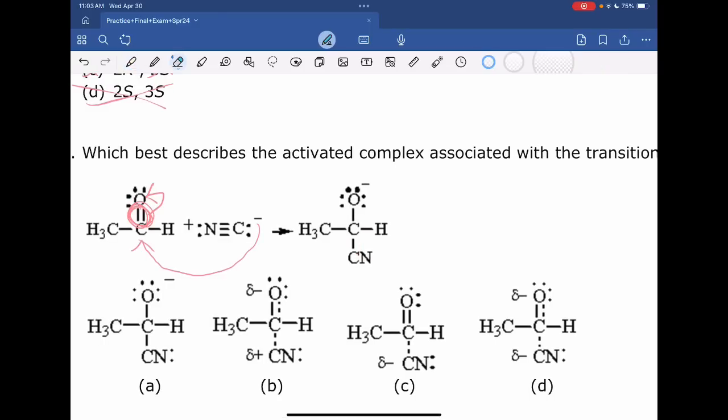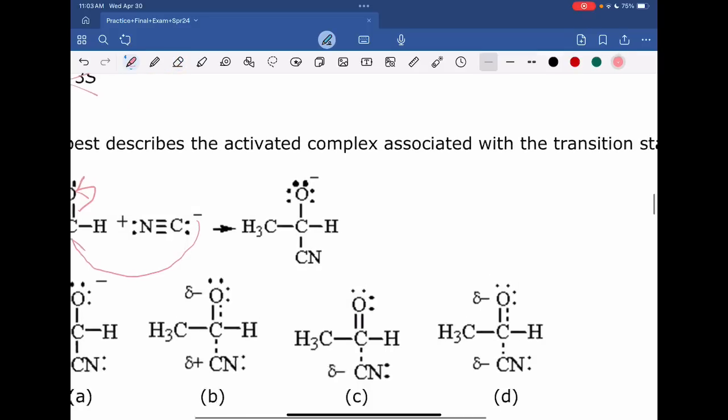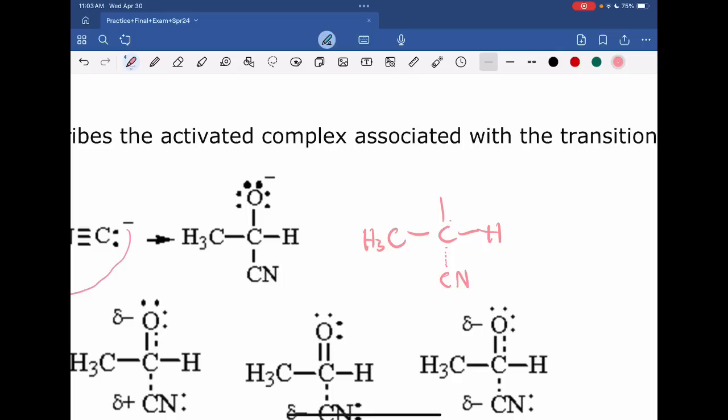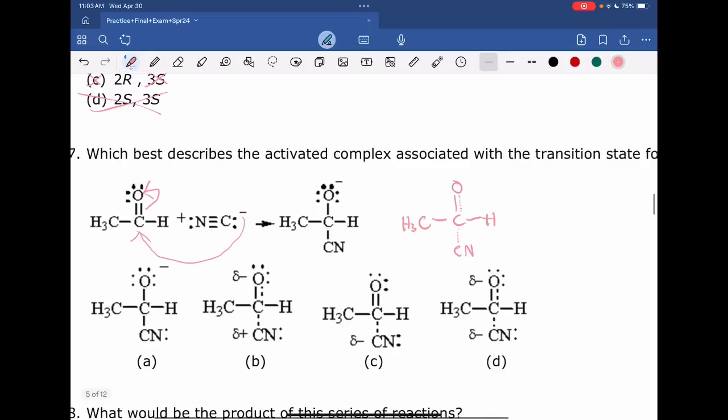So your answer should have dotted lines for this bond, for the CN bond, and one real line and one dotted line for the double bond though, because you're in the process of breaking it. Let me redraw this. So it would look like CH3, CH, this doesn't change, but we are in the process of making this bond, and we are in the process of breaking this bond. So what looks like that?